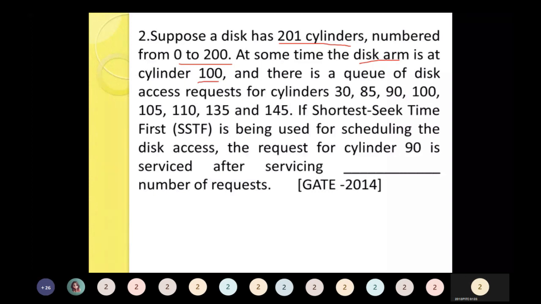There are disk access requests: 30, 85, 90, 100, 105, 110, 135 and 145.